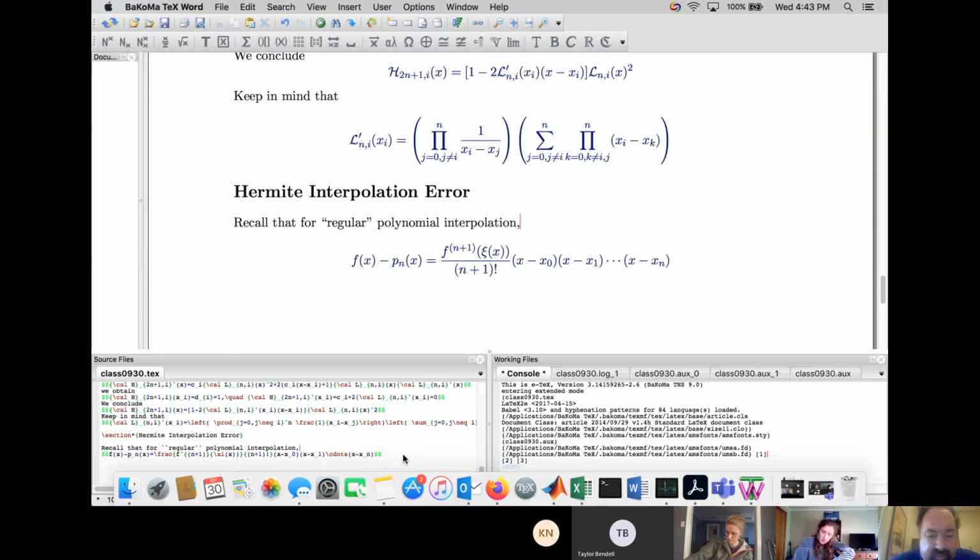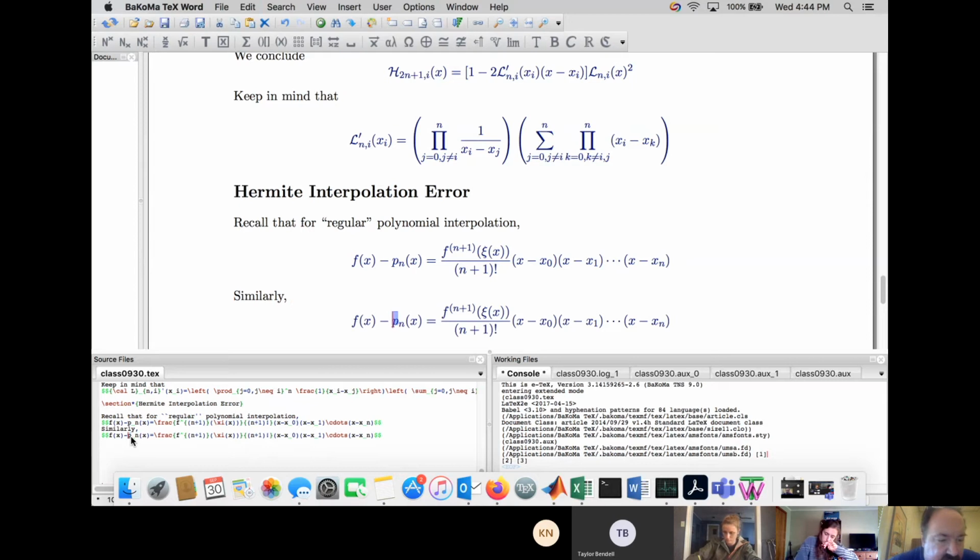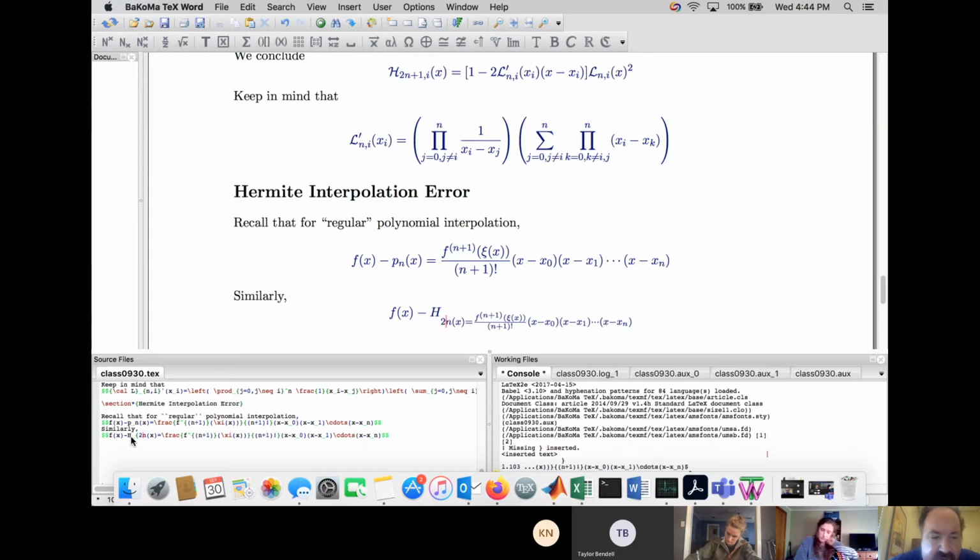Now the error for the Hermite interpolating polynomial is very similar. All right, so our Hermite polynomial is H of degree 2n plus 1.